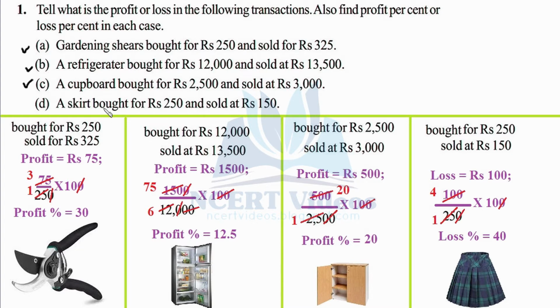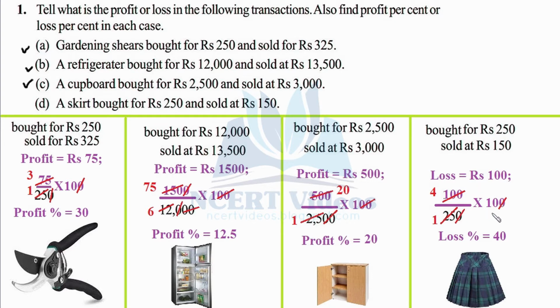D. A skirt bought for rupees 250 and sold at rupees 150. Now you can see here that selling price is less. Therefore it is a loss. And how much loss? You can clearly calculate. It is of rupees 100. So loss is 100. Now we will write loss here upon cost price, 250, into 100 to convert this fraction into percentage.